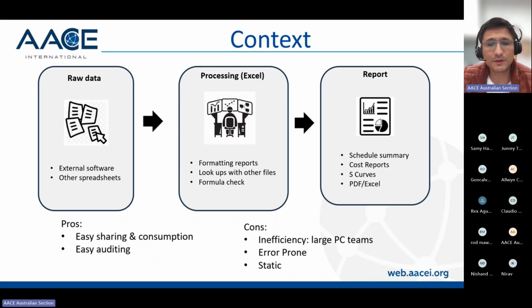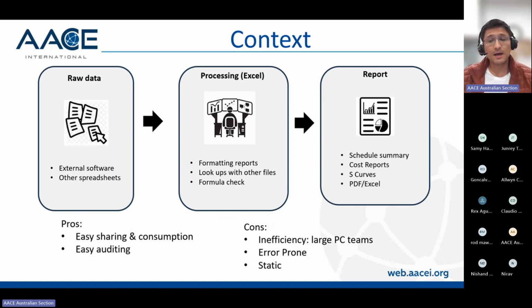I was very inefficient at producing project control reports, and normally it gives the sense that the project control team is insufficient to produce a specific set of reports. So it makes us believe that we need more resources in project controls, and then you end up having 15 or 20 people in the project controls team for an individual project.